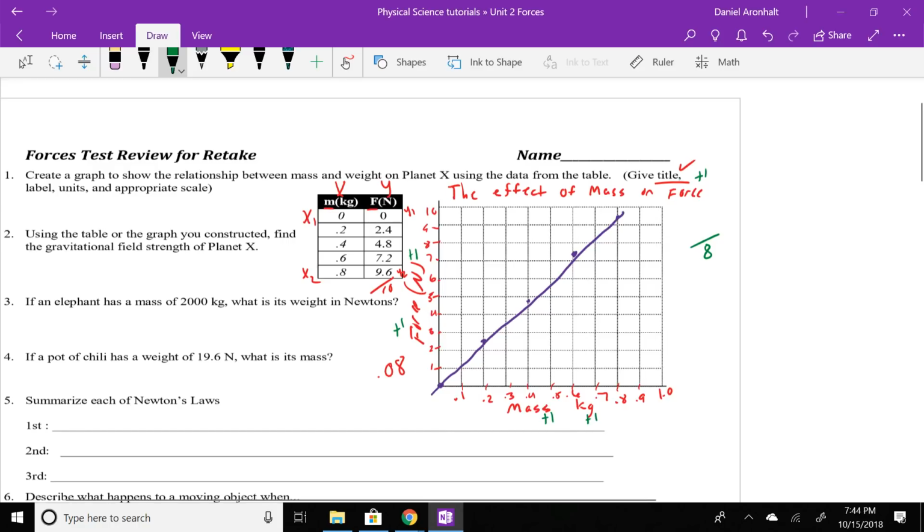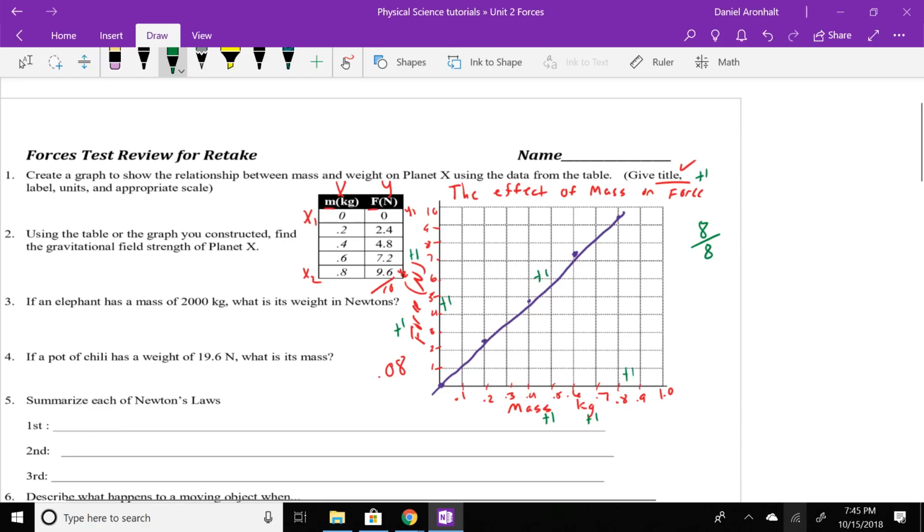And then my scale, I didn't skip any numbers. It goes by the same increments all the time. So +1 here, +1 on that scale, and then finally my lines and data points, +1. That I got all 8 out of 8 points. So that's how your graphs need to be done. Remember, it's always the effect of x on y.